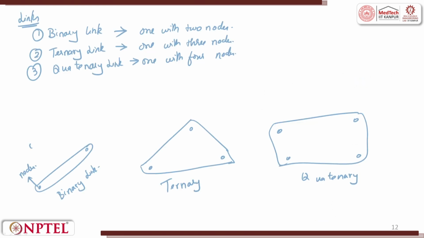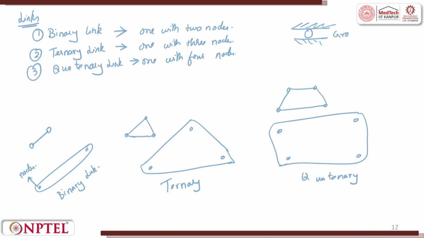So, binary links can be represented like this. Ternary links by a triangle, and quaternary links by a quadrilateral. The other thing you can also have is something called grounded joints, grounded half joints.